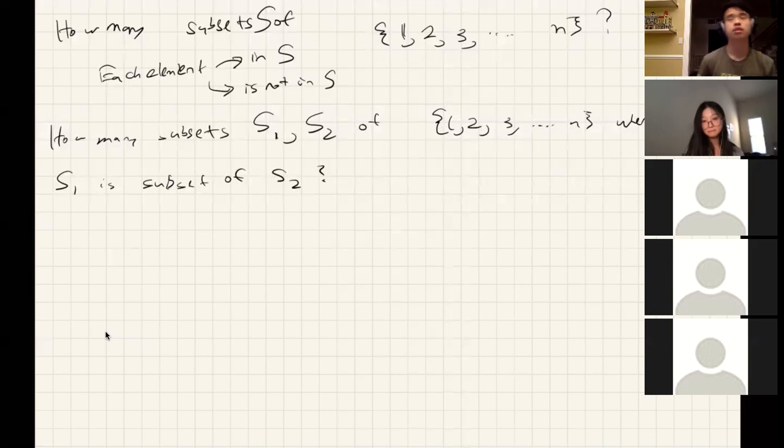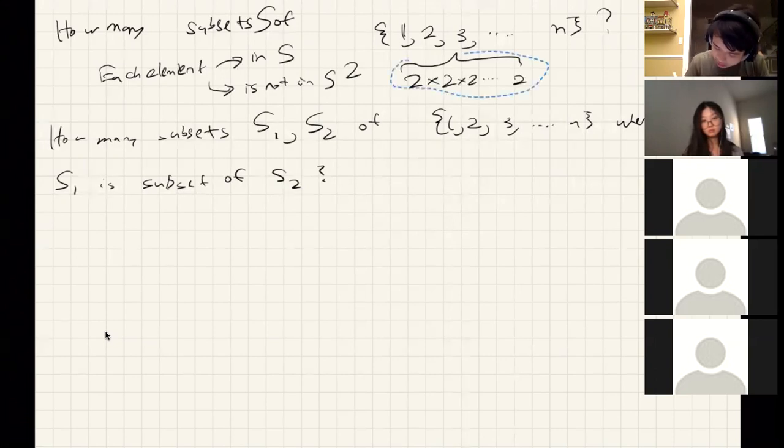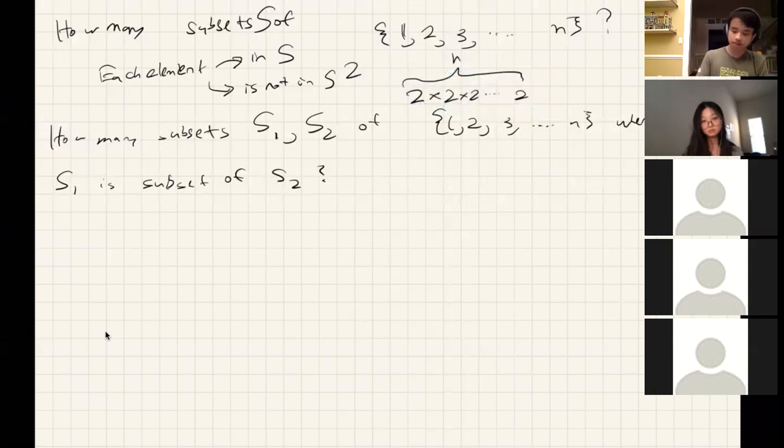So part of this is just approaching the problem in a very systematic way. You're constructing the subset S by looking at each element, the first element, second element, third element. It's very constructive, right? This is constructive counting. So there's 2 possibilities, and you do this for each of the elements, so 2 times 2 times 2 all the way. You just multiply 2 a bunch of times, once for each of the elements, and this ends up being 2 to the power of n, right?